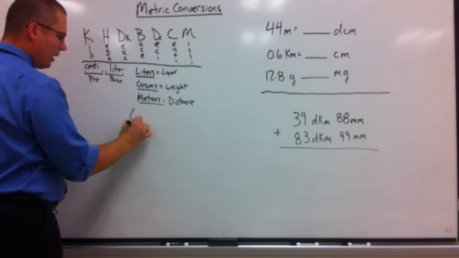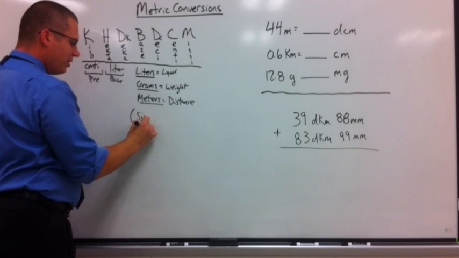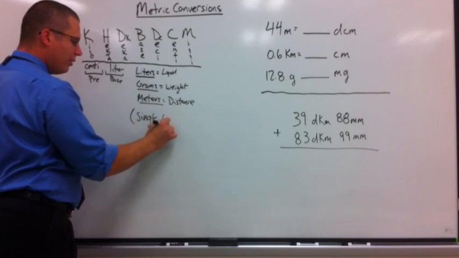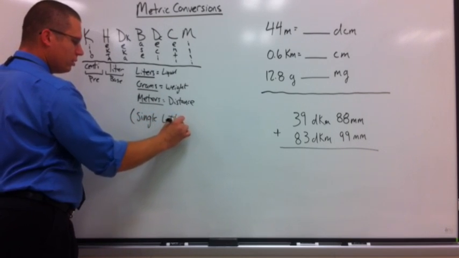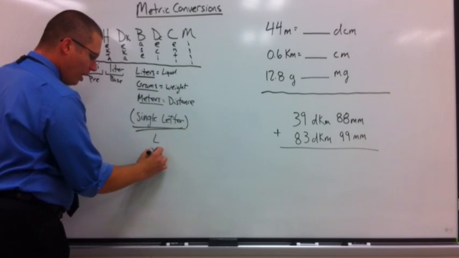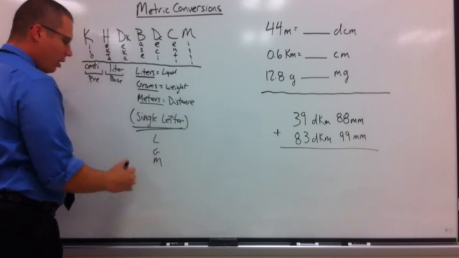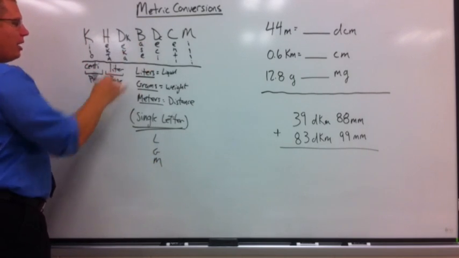and I should make note of that because that'll come into play. Anytime I have a label that is a single letter, like an L, or a G, or an M, that must mean it's medium size.